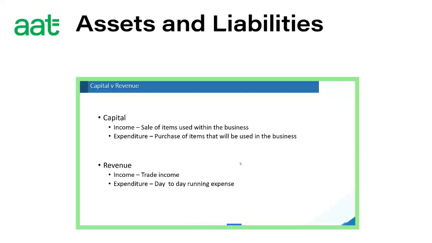It's a day-to-day expense of running the vehicle. Okay, because I've never known a vehicle yet where the fuel lasts longer than a year. Okay, so you wouldn't capitalize it. It'd be fantastic if it did, because we'd all save a fortune, but it's not the case. So when we talk about revenue expenditure, it's the day-to-day money that we spend on running the business. Revenue income is money coming in from the trade income.